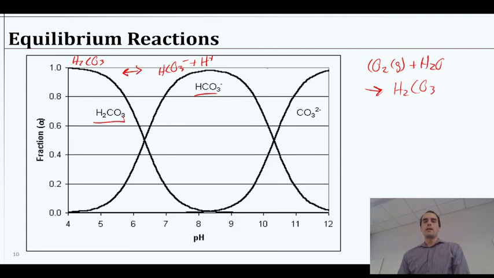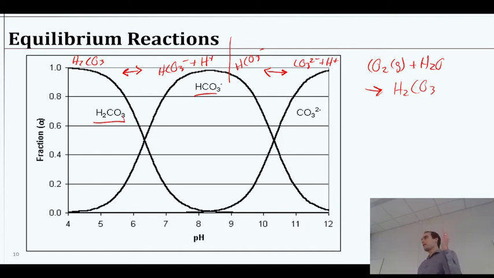Likewise, we can say that's going to be in equilibrium with CO3 2 minus plus H plus. Really, probably the best way to write this would be that what's actually in equilibrium there is not the combination here, but rather just the HCO3 minus. So HCO3 minus is in equilibrium with the CO3 2 minus plus H plus. So we kind of have those two reactions.